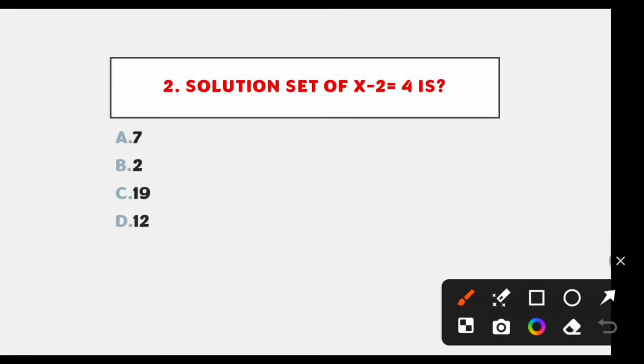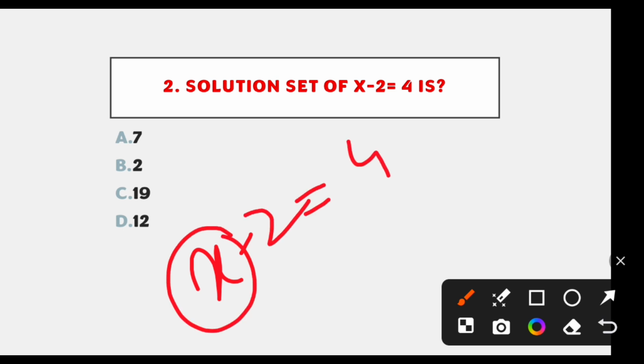MCQ number 2 is: the solution set of x minus 2 is equal to 4, then find the value of x. We are given x minus 2 is equal to 4 and we have to find the value of x. So we will solve this question by shifting minus 2 from the x side to the 4 side.